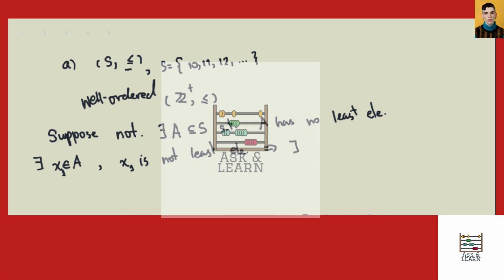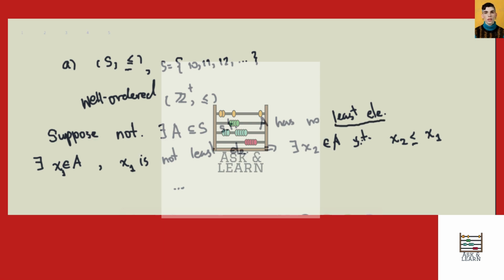This implies that there is another element called X2, which is different from X1, in A, such that X2 precedes X1, right? I use less than because we know that they are not equal, and this can go on because X2 again can be the least element.